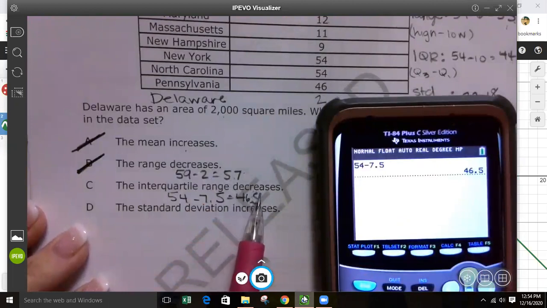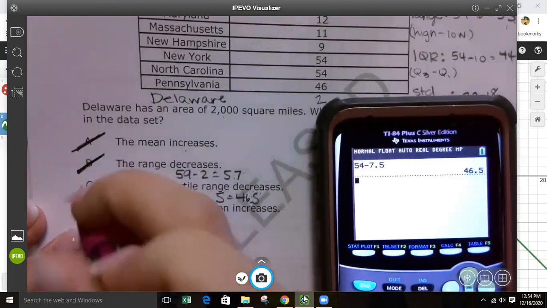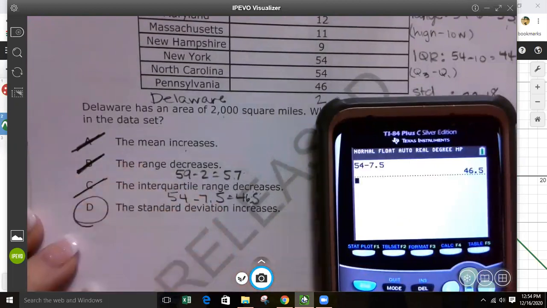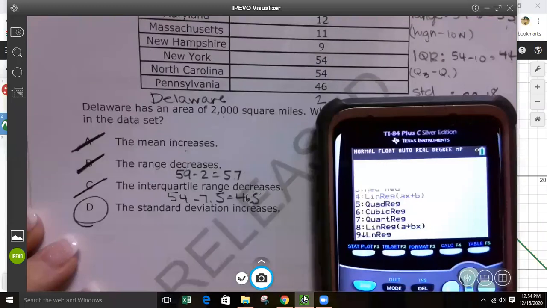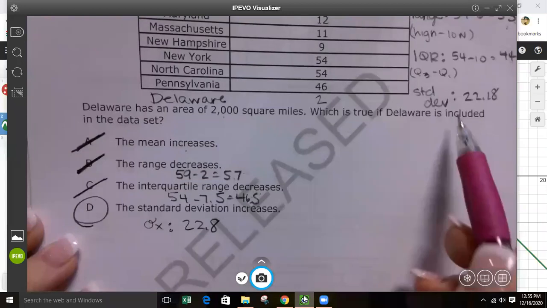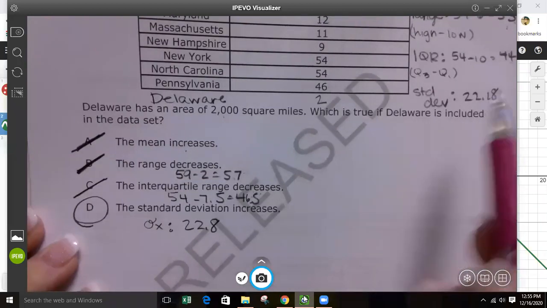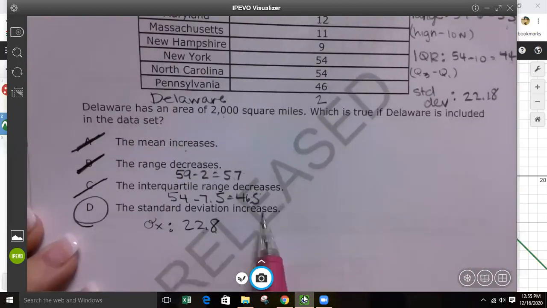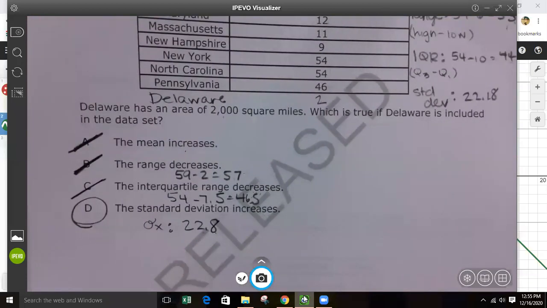Did it decrease? No. Oh, so our answer has to be D. So I'm going to show you one more time. Our standard deviation, which looks like this, is 22.8. It was 22.1. Now it's 22.8. So it did increase. Okay, so that's question 29.